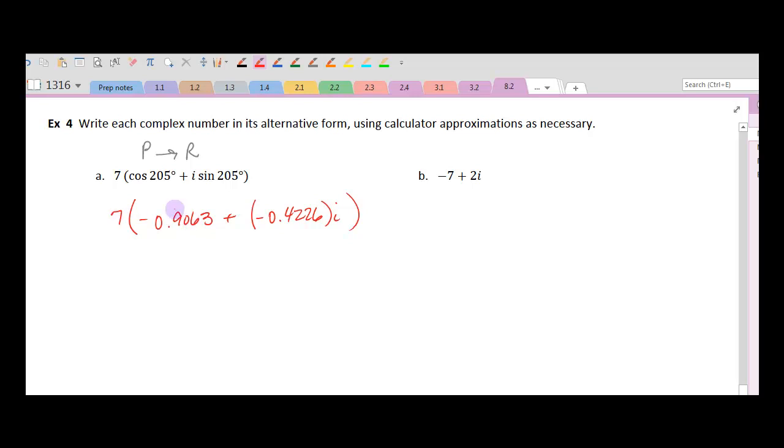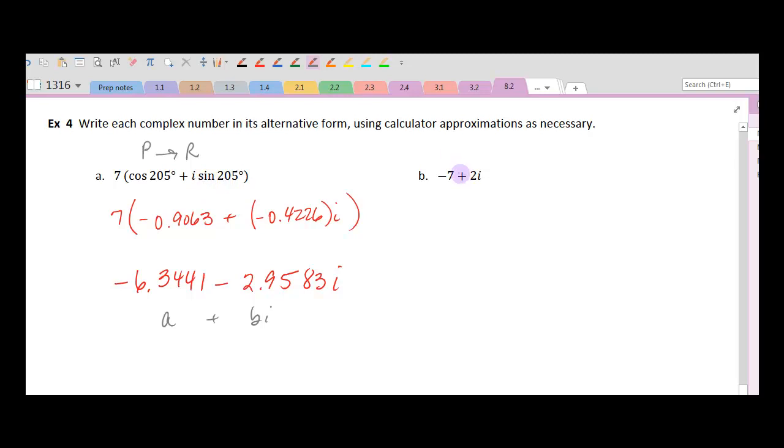Now I just multiply each of these two numbers by the 7, which for us is r on the outside, and you can see that this is going to be negative 6.3441 plus the imaginary portion, which is, we'll call it a minus, 2.9583i. So this is the real portion, this is the imaginary portion, and that's what we would consider a rectangular form of this complex number.